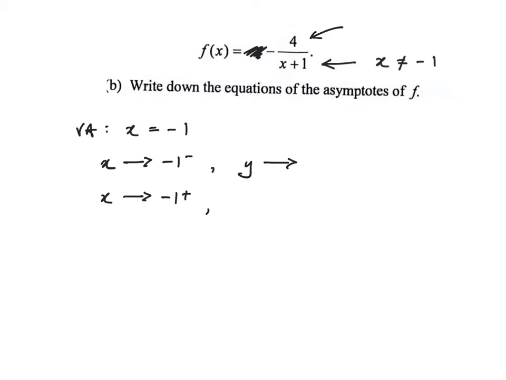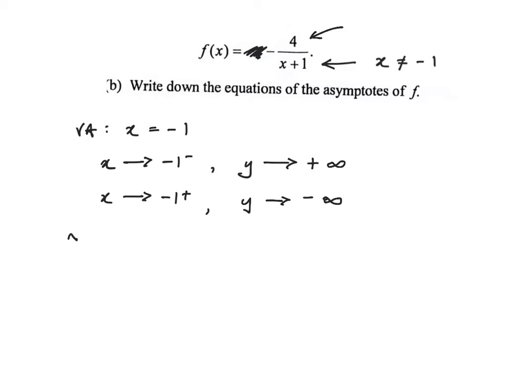Now when x is to the left of minus 1, it means that the bottom line will be negative and that the whole term will be large and positive. When x is to the right of minus 1, it means the bottom line is positive and the whole term then is large and negative.